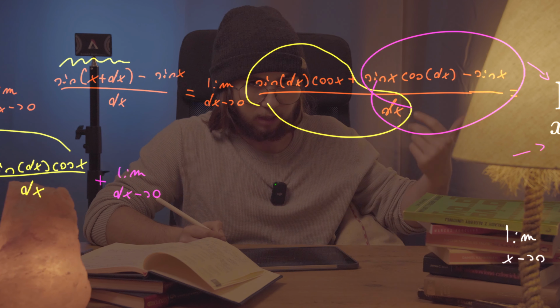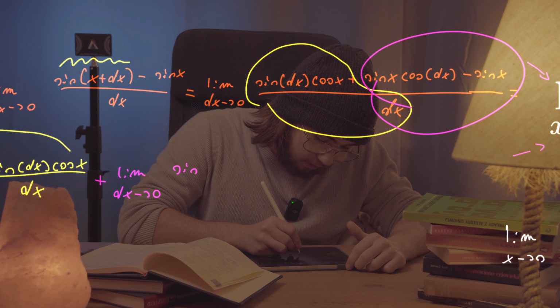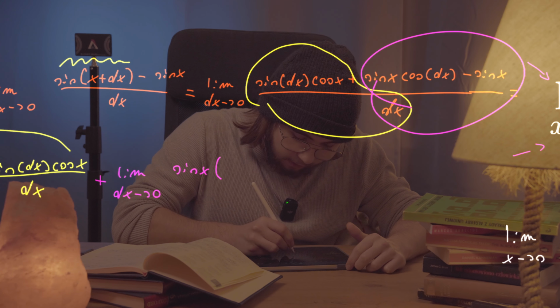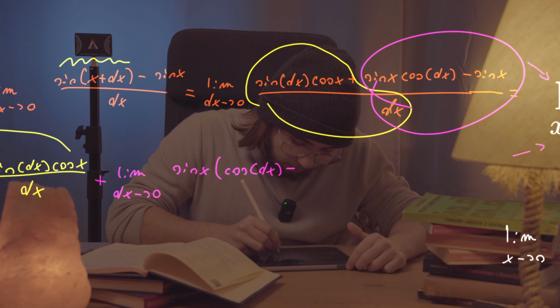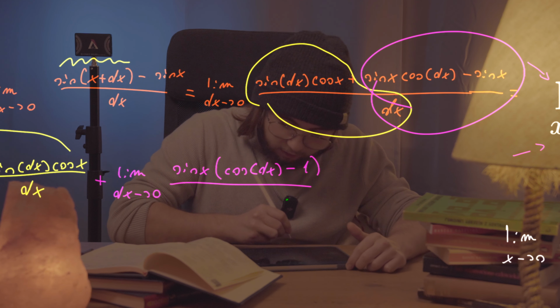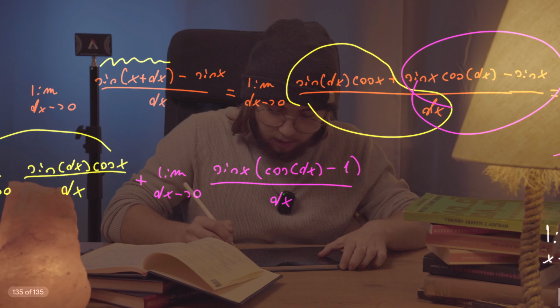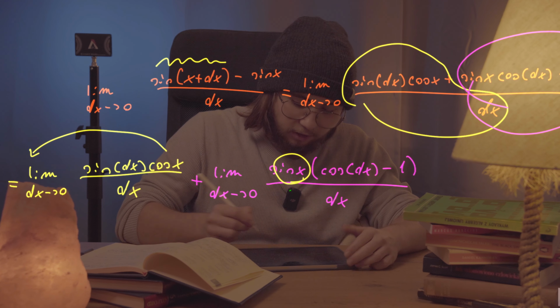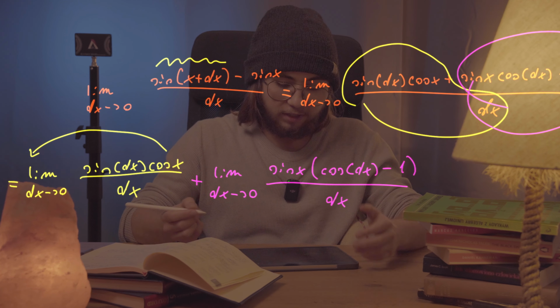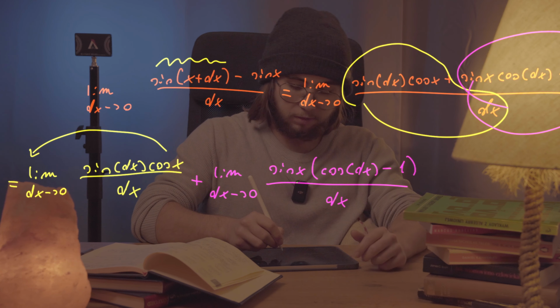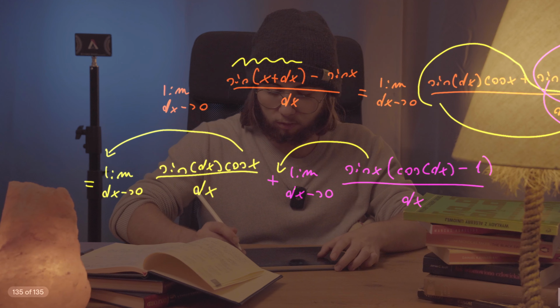So just factor out the sine of x right away. It's going to be sine of x multiplied by the cosine of dx minus 1, all nicely over dx. And once again, the sine of x is a constant with respect to dx, so we can take it in front of the limit.